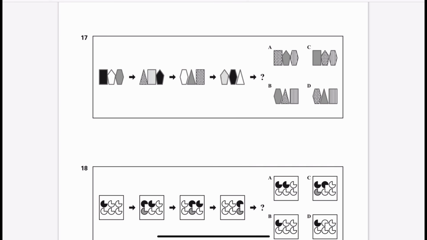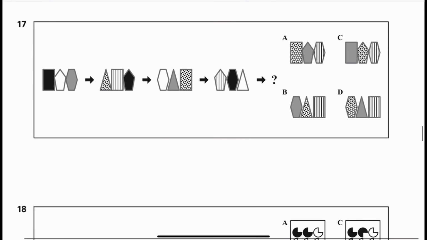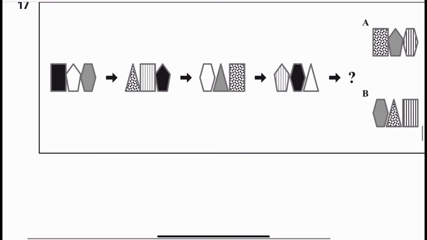Question 17. Question 17 is a slightly tricky one. Here, you had to look for both color and the shape and the arrangement of the shapes, okay? So first of all, let's look at the arrangement of the shapes. We have a rectangle, a pentagon, and a hexagon, okay? Now let's see how they move in the process of the sequence, okay? So let's see.